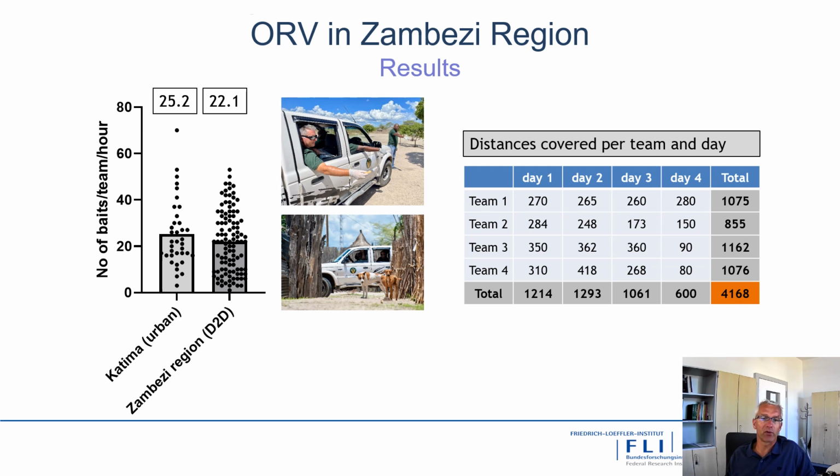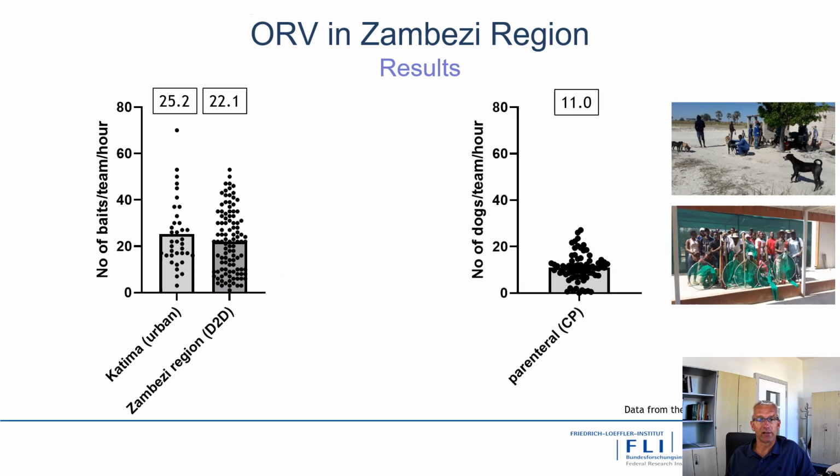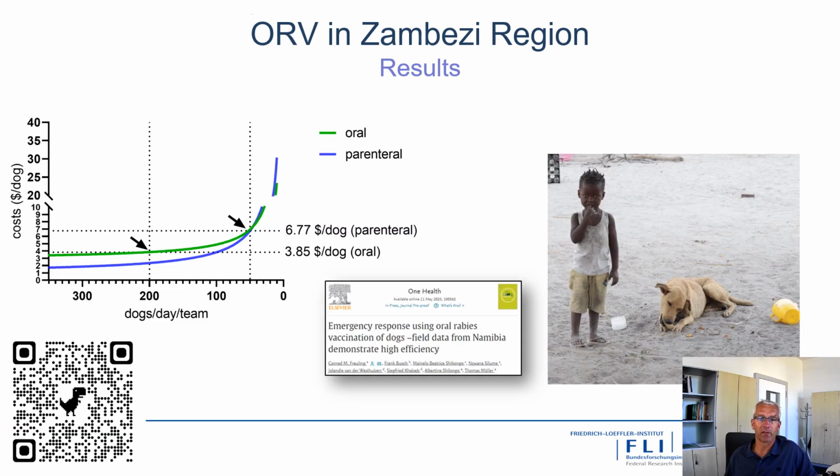So 250 kilometers per day we're just driving under hard conditions. But still, we were much more effective than previously in central point vaccination in the Oshana region, where they only vaccinated 11 dogs per team per hour.